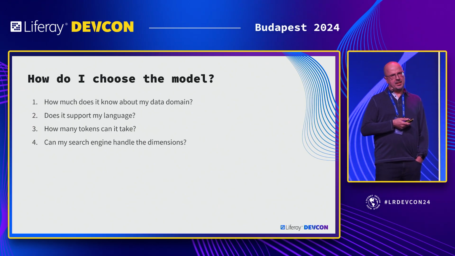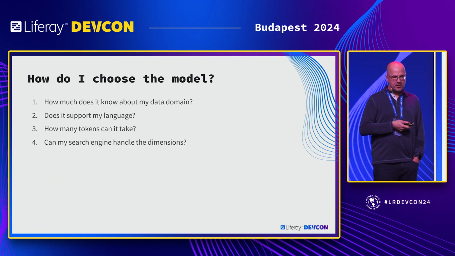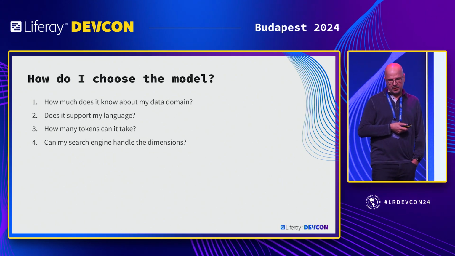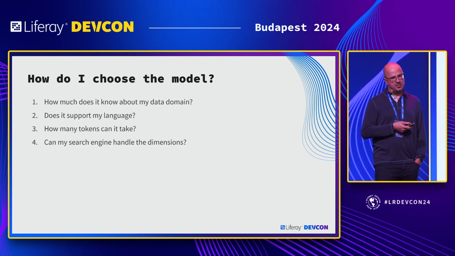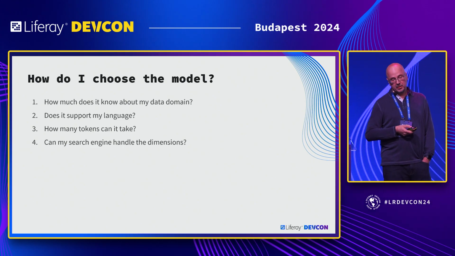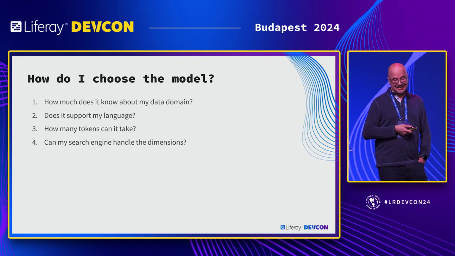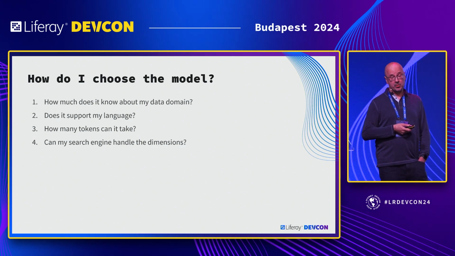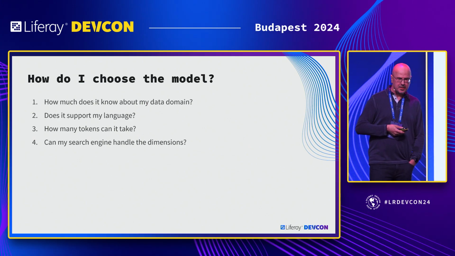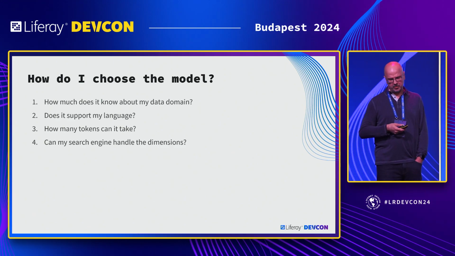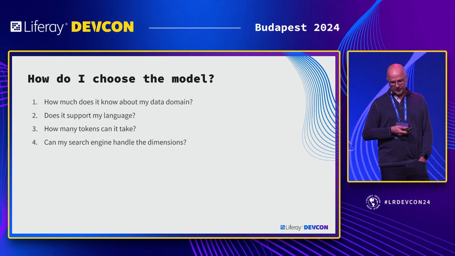There are big differences how many dimensions our search engines can handle. Elasticsearch 7, for example, it can handle 2048 dimensions, while OpenSearch can handle 16,000 dimensions.